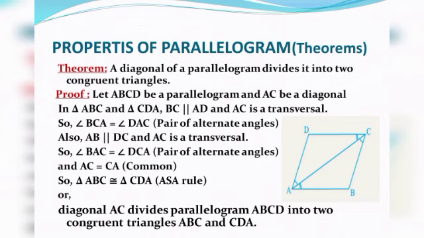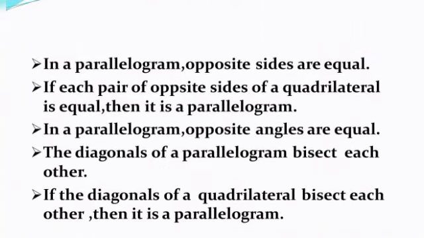These are also a pair of alternate angles, and AC is equal to CA. So, triangle ABC is congruent to triangle CDA, or diagonal AC divides parallelogram ABCD into two congruent triangles ABC and CDA.